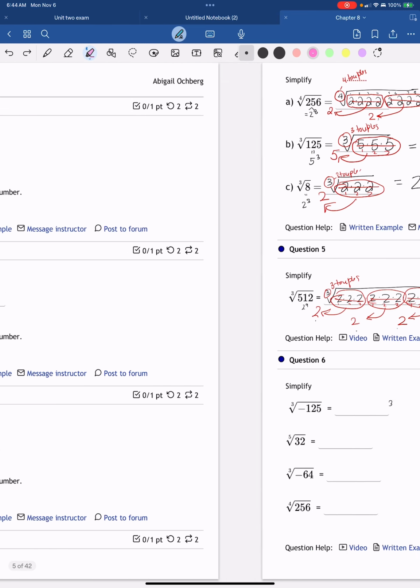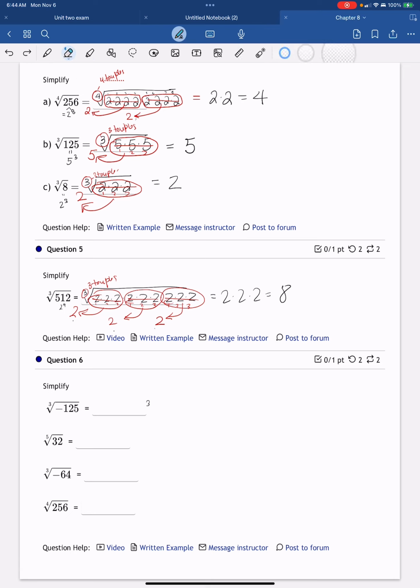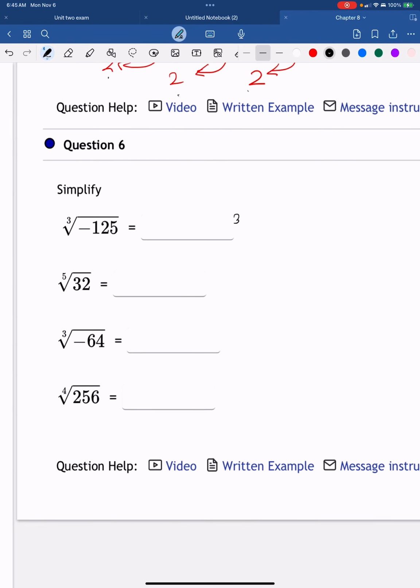If you'd done that, you could have gone with the cube root of 512 equals the cube root of 8 times 8 times 8, which is 8 cubed. And then again, you're pulling out 3 of them, so you would just get 8. As you get more comfortable, you can go that way as a shortcut.